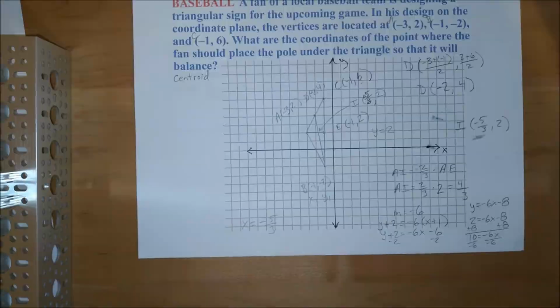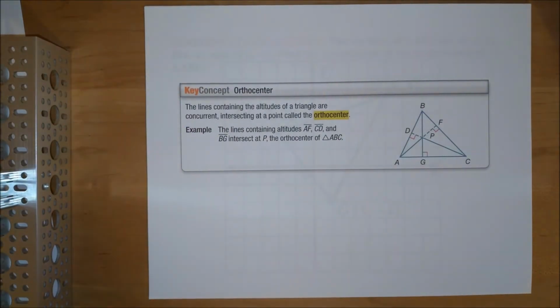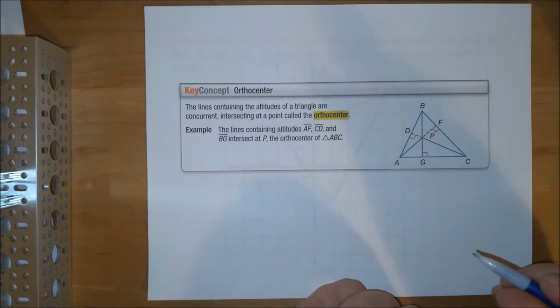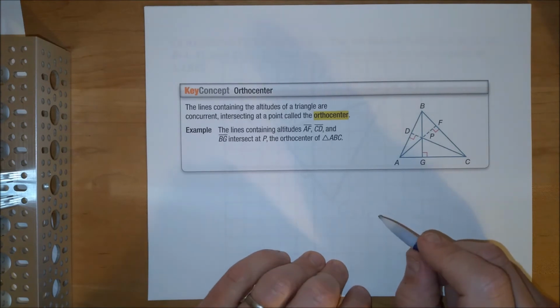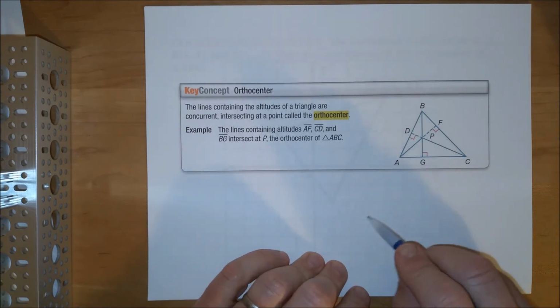Good. Okay, the last of our points of concurrency that we're going to talk about is our orthocenter. Orthocenter is the point that we find when we draw all three altitudes in a triangle. If we draw all three of them, they're going to converge at this orthocenter. I'm going to remind you of what we learned about perpendicular bisectors and circumcenter.